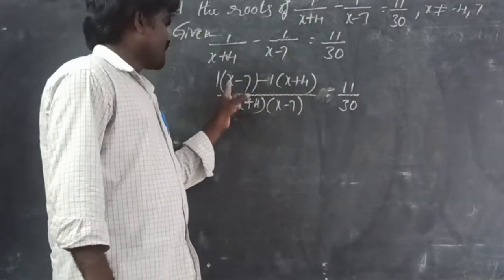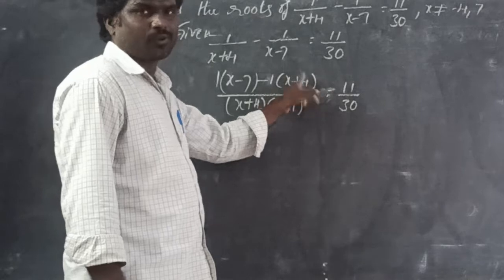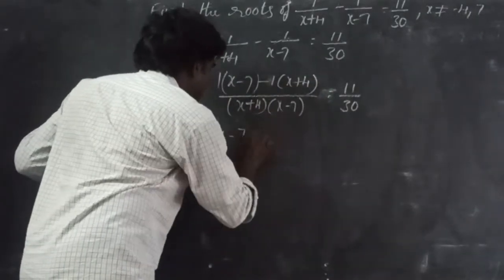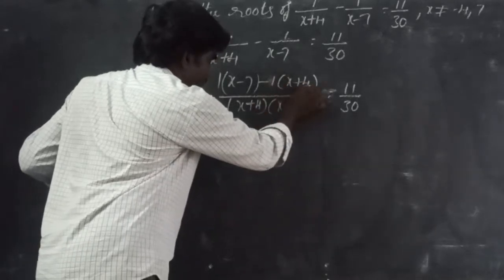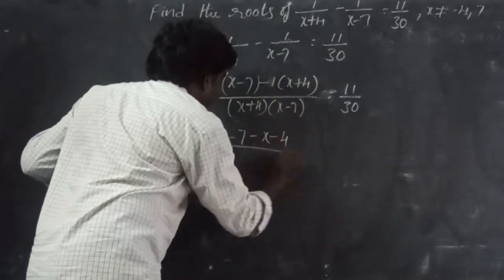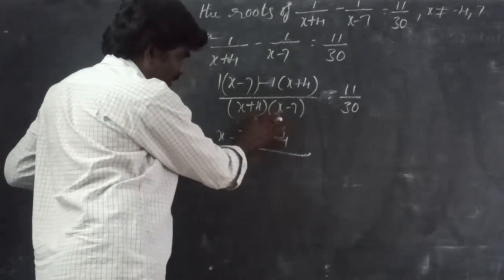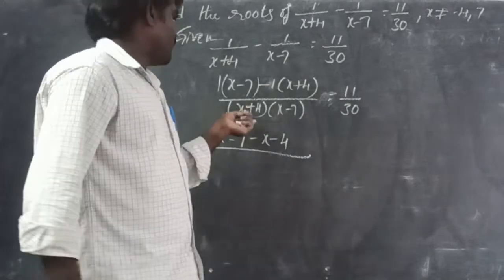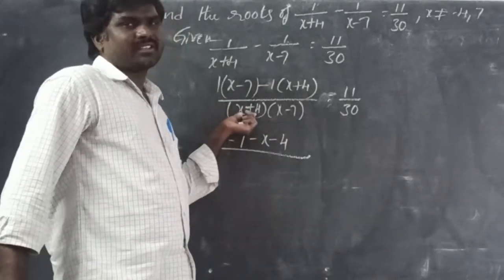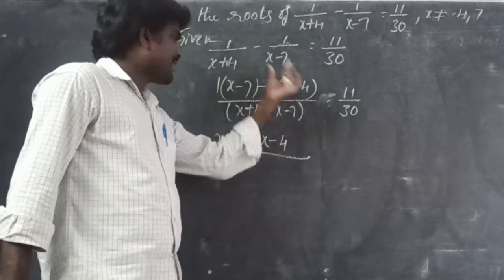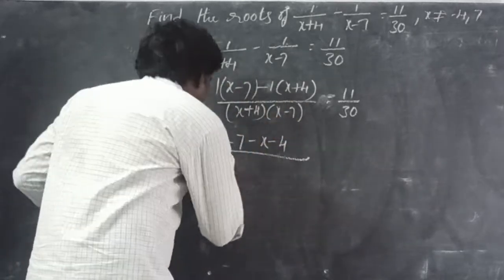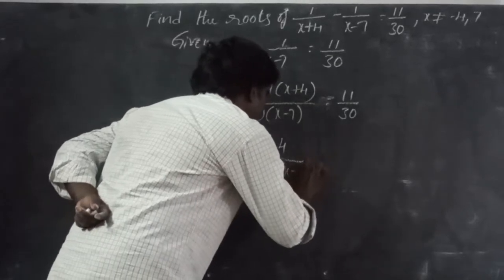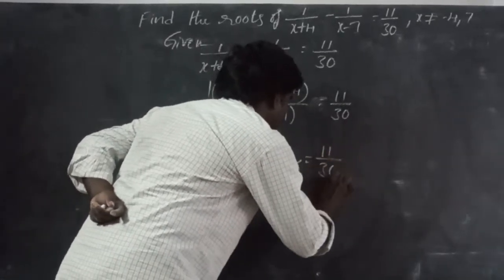So 1 into x minus 7 minus 1 into x plus 4. For the product of two polynomials, how can we multiply? Every term of the first polynomial is multiplied with the second polynomial: x into x minus 7 plus 4 into x minus 7, is equal to 11 by 30.